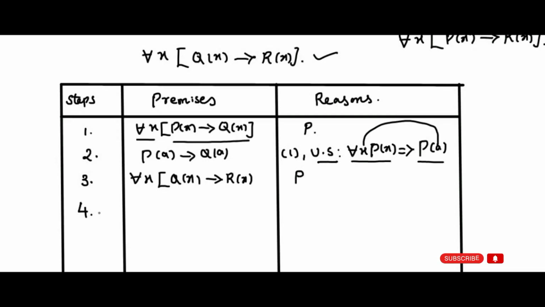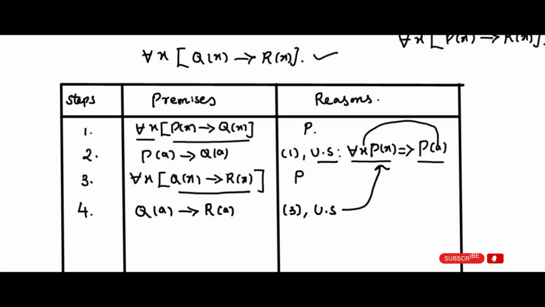Once again we are using universal specification law. For all x, q of x then r of x, we can write q of a then r of a. The reason is: using step number 3 with universal specification law. Universal specification law is nothing but, for all x, p of x, we can write only p of a.